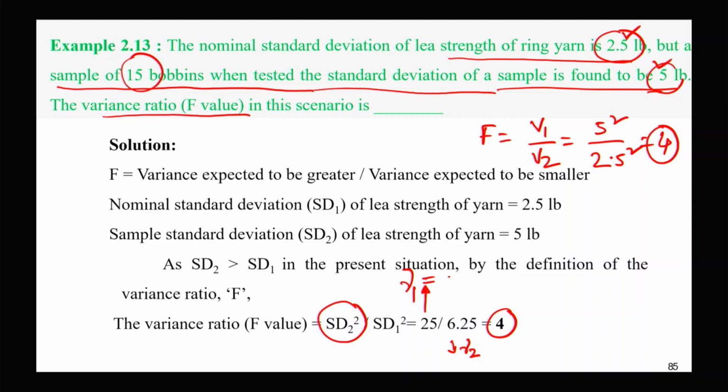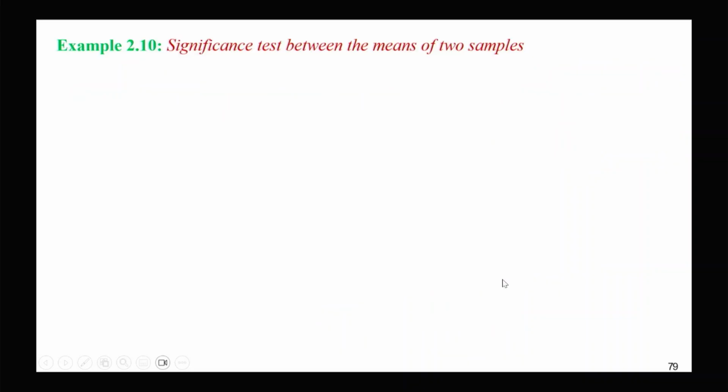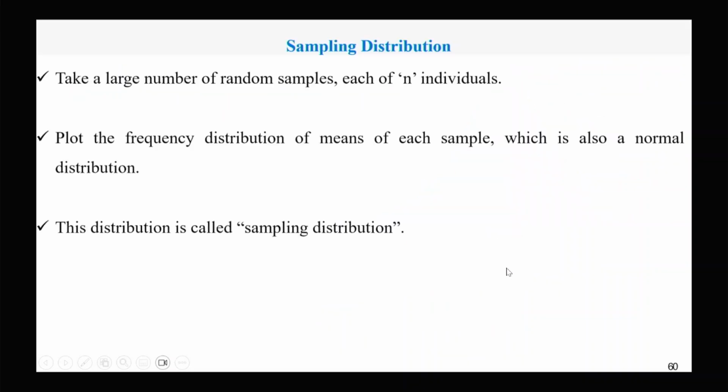So, the degree of freedom will be 14, and for the large sample the degree of freedom will be infinite. So, we have to refer to the F table with 14 against infinite. 14 will be on the horizontal side and infinite will be on the vertical side. Let us refer to the F table.